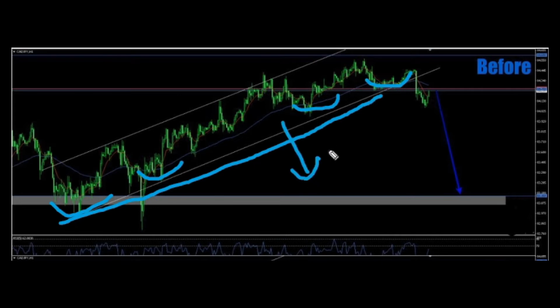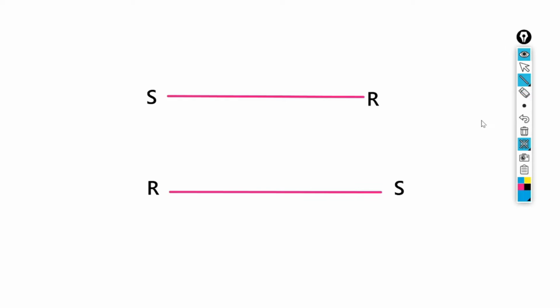So I want to cover a simple concept real quickly for you guys to understand what this actually means. This S here stands for support, meaning that as long as we're still above this line, we are looking for buying opportunities. Only when we cross, that's when we're going to look for selling opportunities, meaning that our floor will become our ceiling.